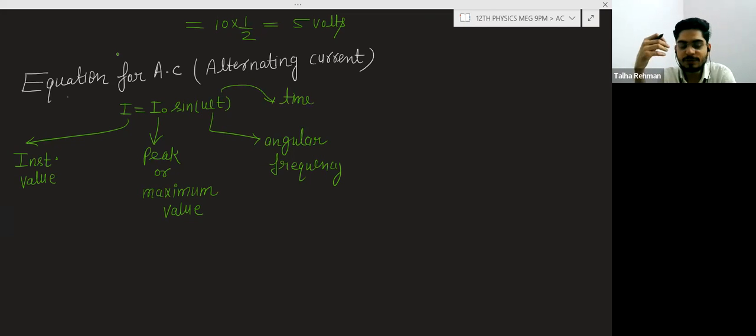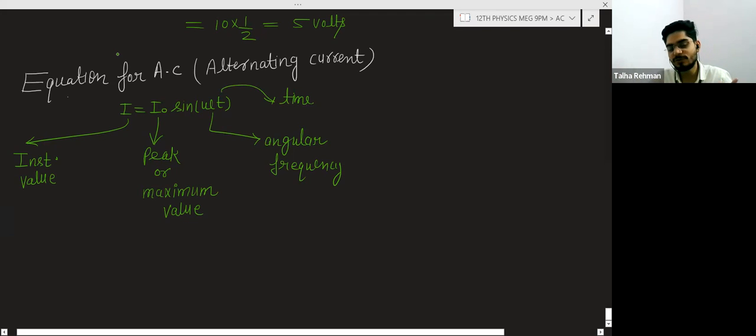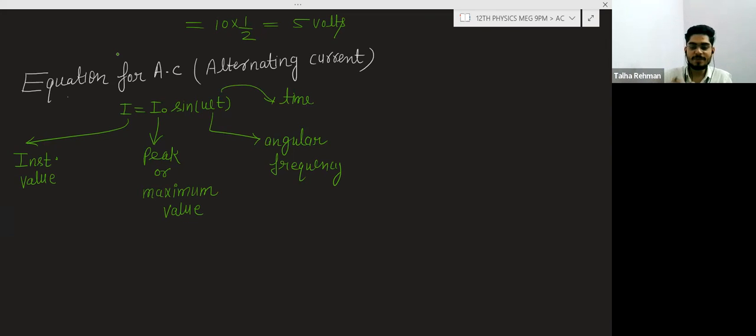Now if you want to calculate the average value of current for full cycle, you will get 0, because we have already calculated the average value of EMF for full cycle. So the average value of alternating EMF and alternating current for full cycle is equal to 0.